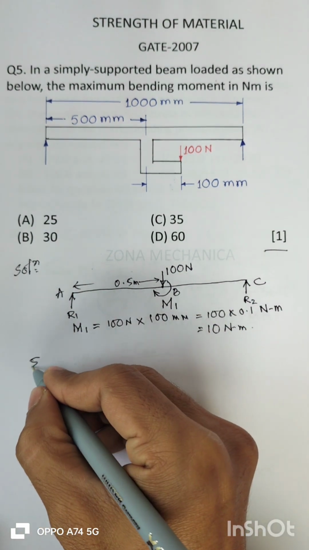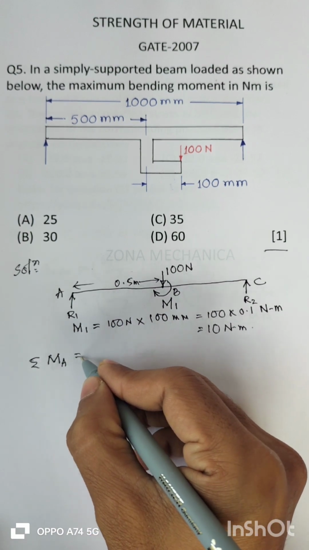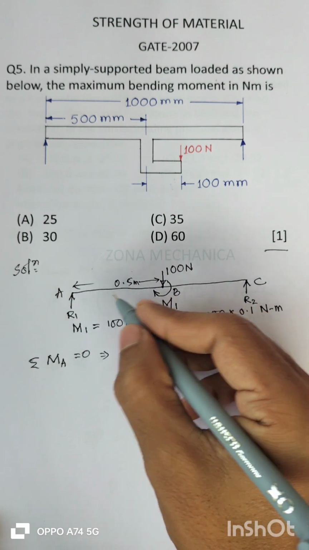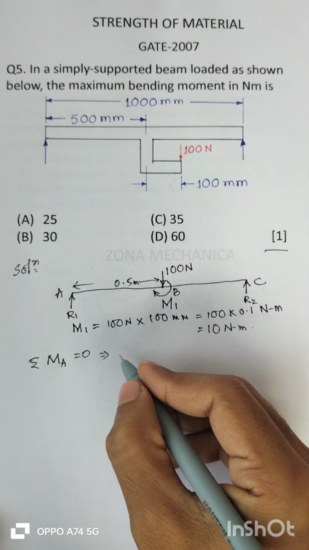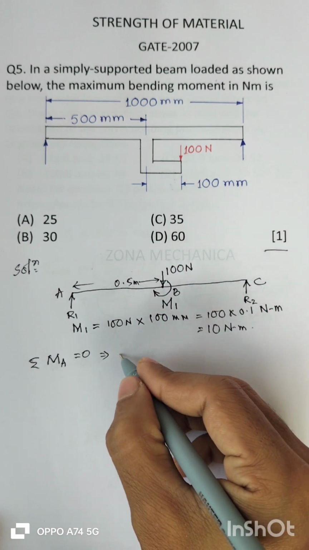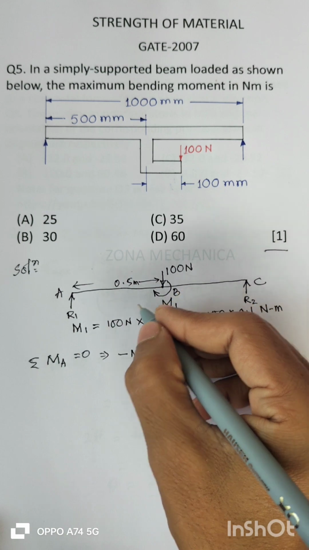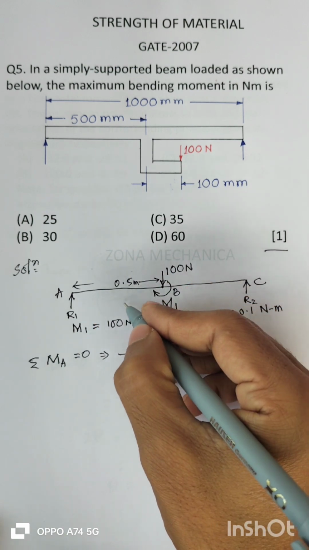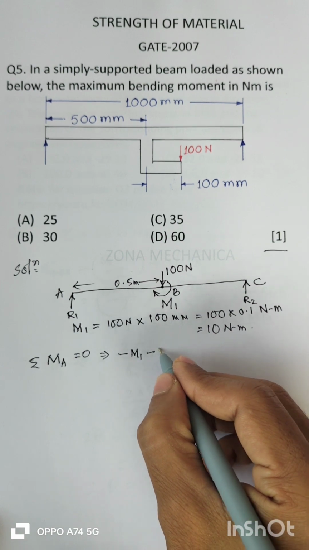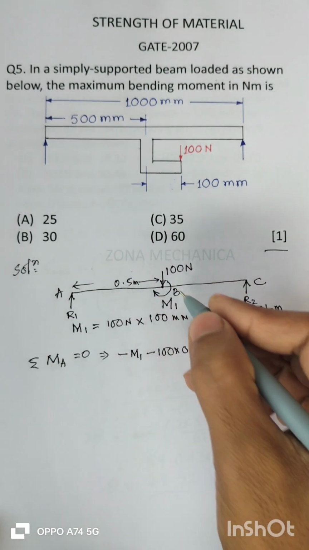That is, the summation of moments at A will be 0. So M1, since it is clockwise, we take this clockwise moment as negative, and this 100 Newton will create one more moment that will also be clockwise, 100 into this distance, that is 100 into 0.5. This is also a clockwise moment.